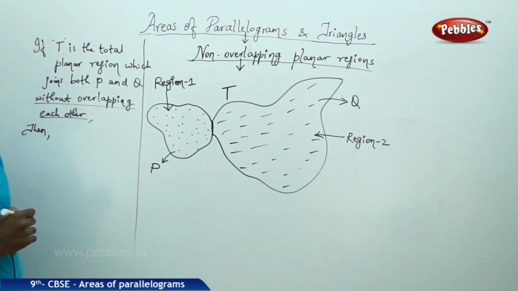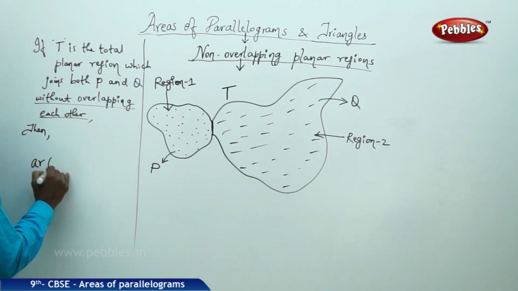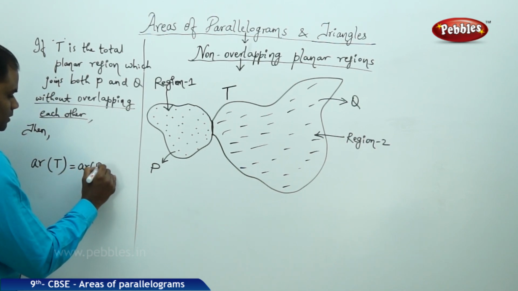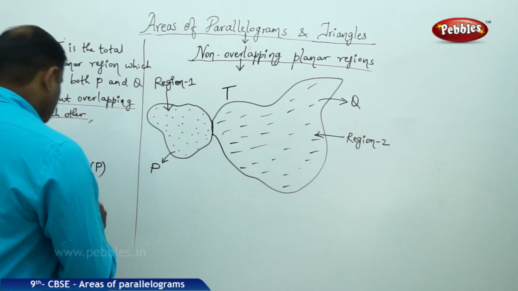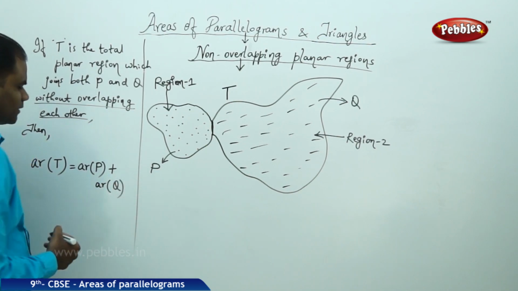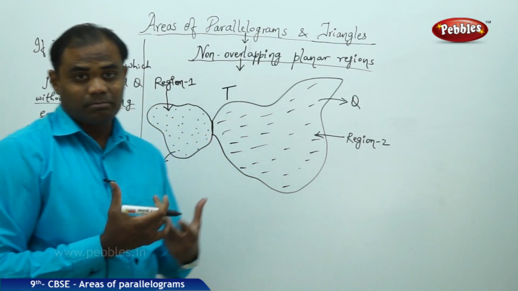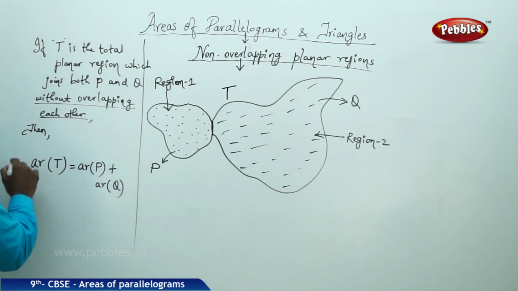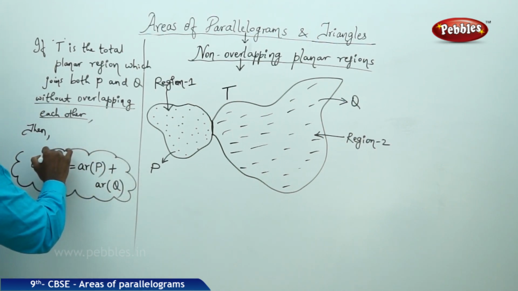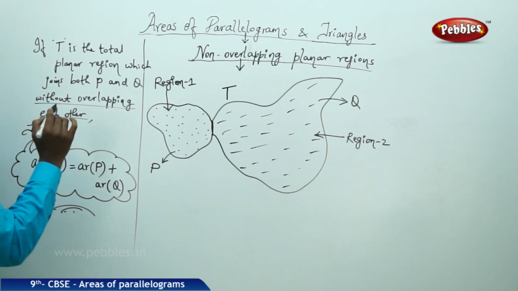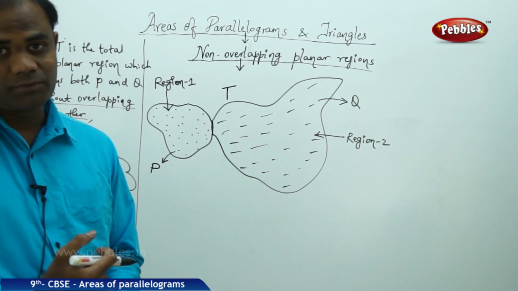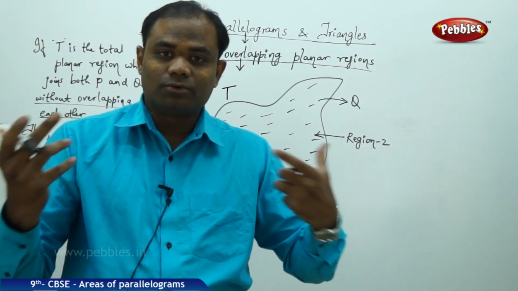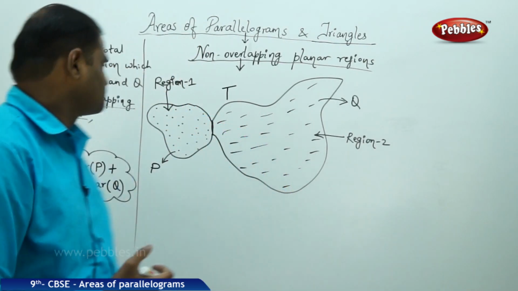Then I have a mathematical property which connects area of the whole total region T, denoted by AR of T, will be equal to area of the region P, that is the first region, plus area of the second region Q. So if I join the two regions, area of P plus area of Q equals area of the entire total region T. Area of T equals area of P plus area of Q. So T, the total region which joins both P and Q, its area will be the area of the two regions which are joined without overlapping each other, which plays a vital role.